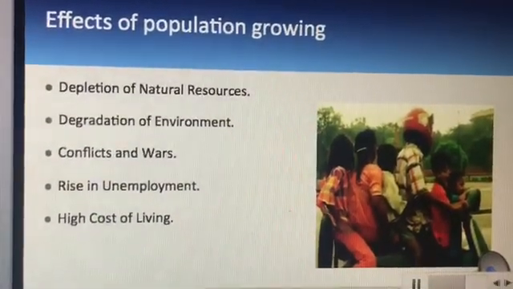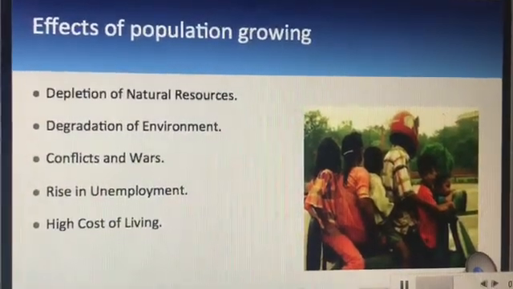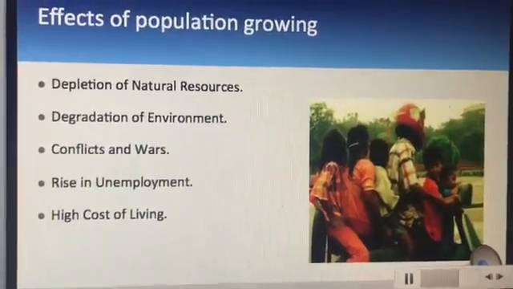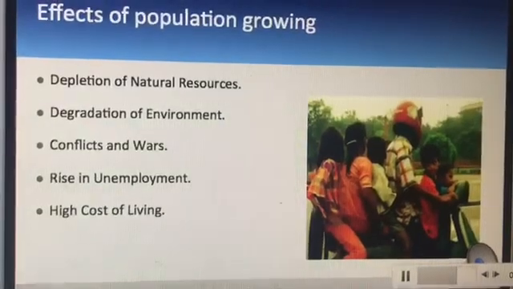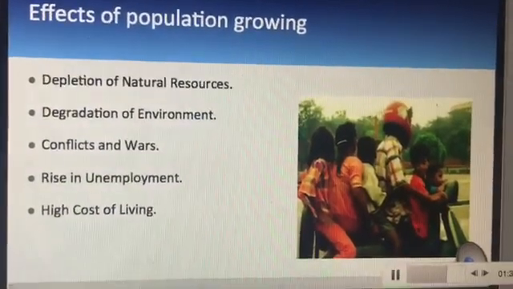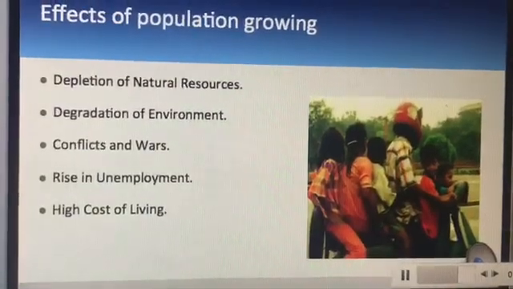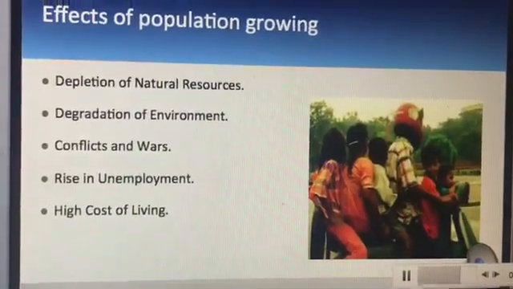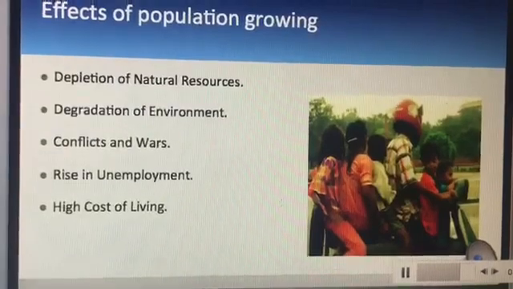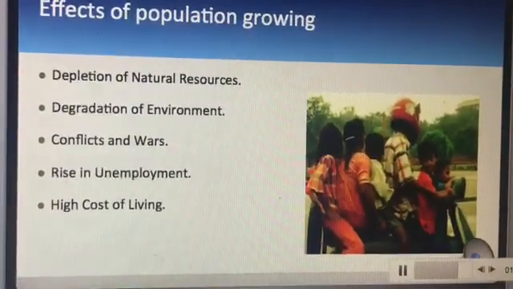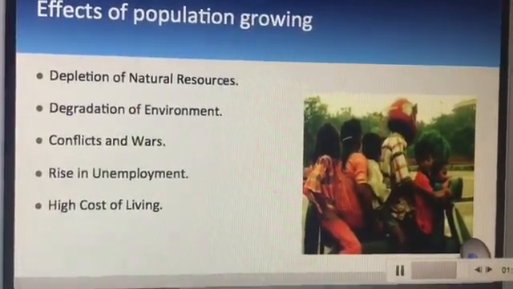Overpopulation has led to acts of violence and aggression in the zones where people are fighting for territory, for government, for food. They compete for resources.